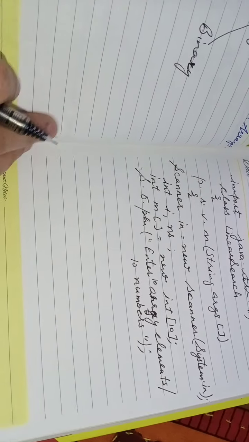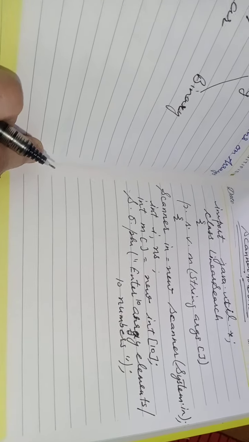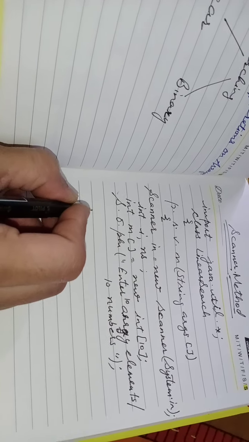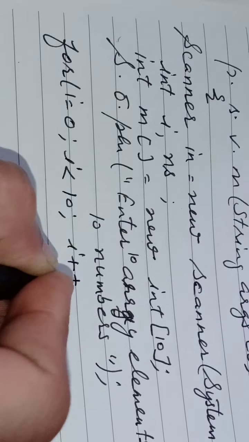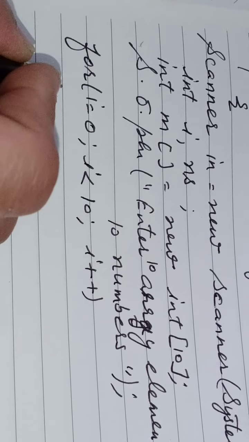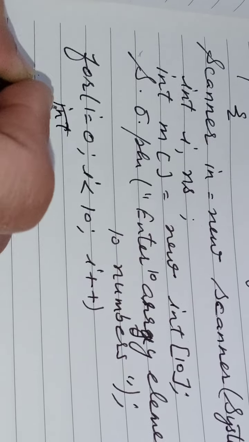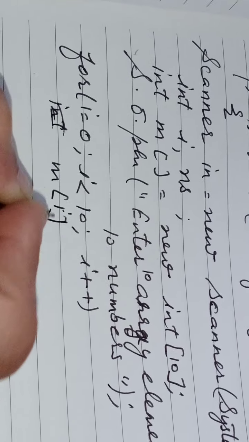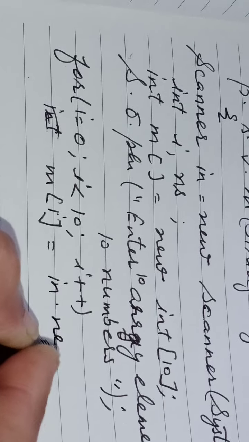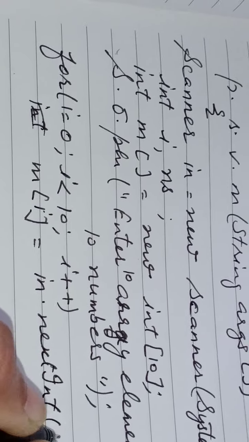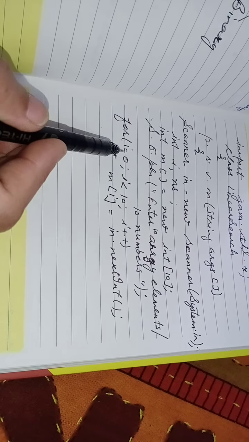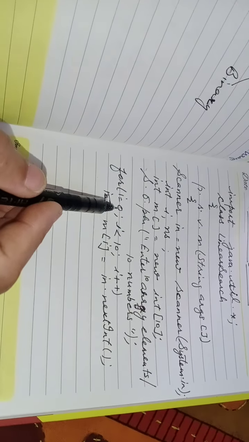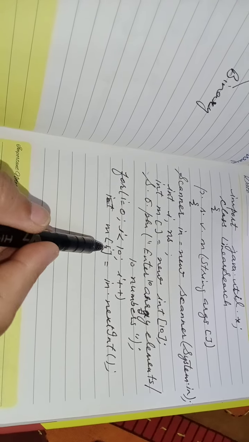Now as the numbers are 10 and we have to store them in the array, we will use a for loop. For i = 0, i < 10, i++, and inside it we will write m[i] = in.nextInt().